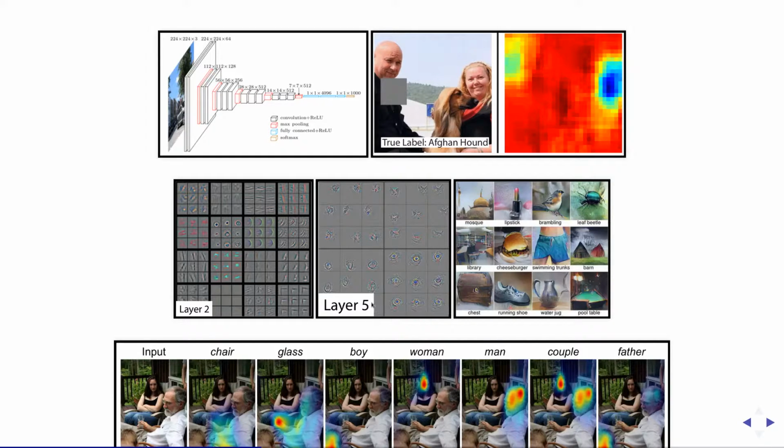So you can see that these activations from layer 5 represent much more complex features. In this case, this neuron is recognizing eyes. This one here is recognizing cat's ears. I'm not sure what this is recognizing.